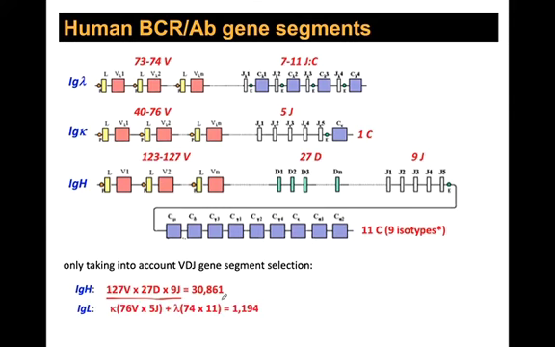But that has to pair with a light chain. And so if you look at the possibilities for kappa or lambda, you have about 1,000. And so when you multiply those together, because remember, binding is both the CDR1, 2, and 3 from the heavy chain and the CDR1, 2, and 3 from the light chain, you get about 37 million different possible combinations.